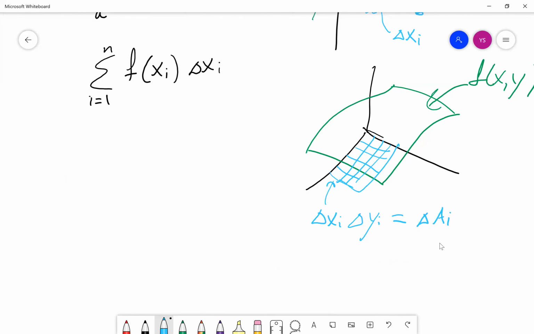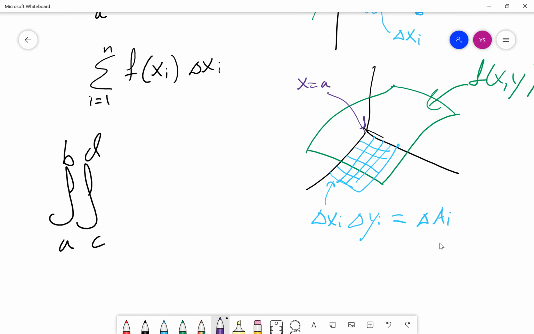So then your double integral, a going to b, c going to d. Let's say your x is going from a to b. So this over here is x equal to a, this is x equal to b. And your y is going from c to d.